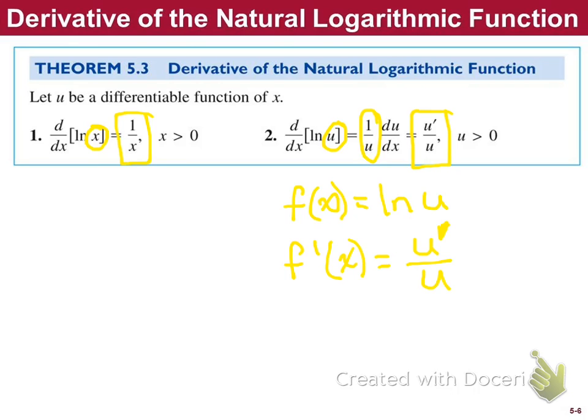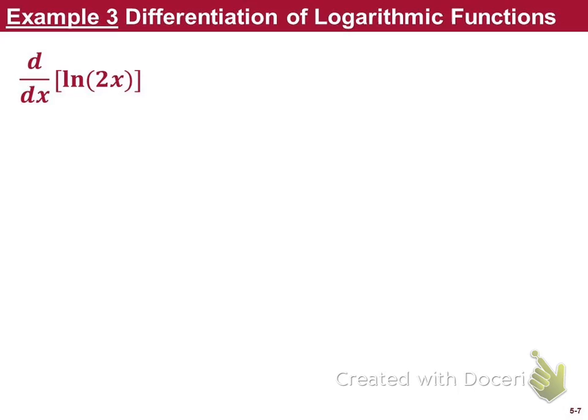All right, so let's look at an example. Here we want to find the derivative of the natural log of 2x. Remember the 2x is your u, and the derivative would be equal to the derivative of u over u.